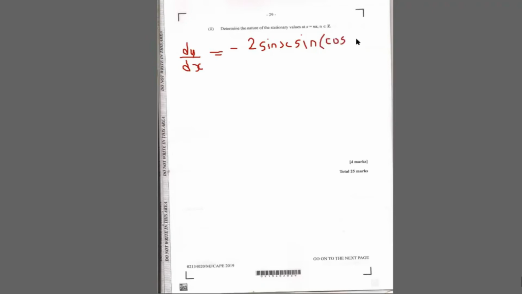I'm just writing down what dy by dx was. That's dy by dx. And so if that's dy by dx, we can find d2y by dx squared.